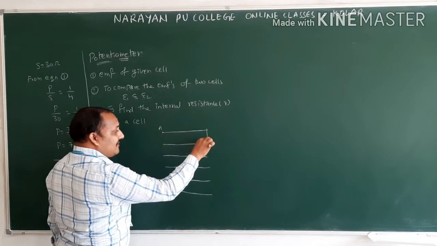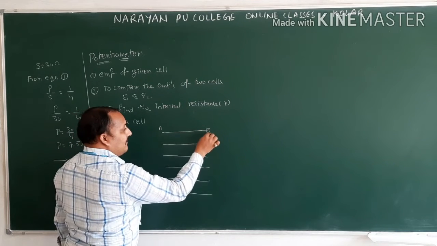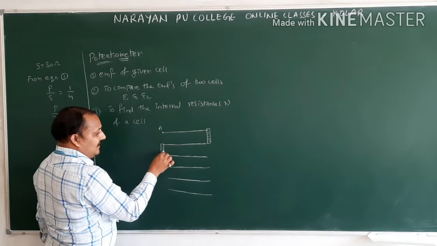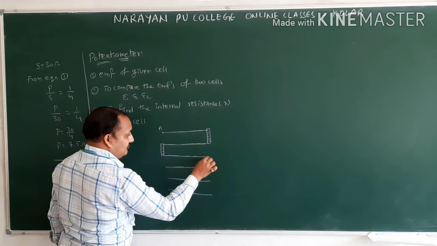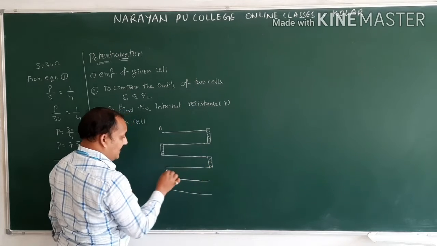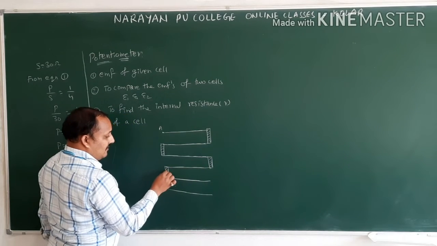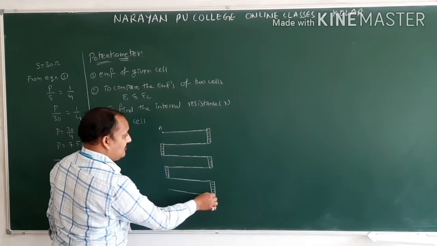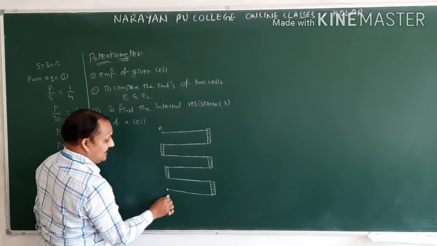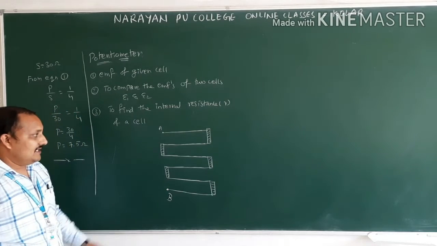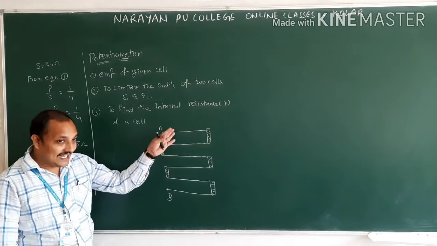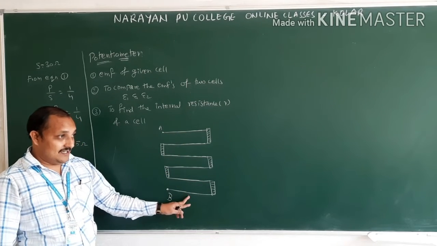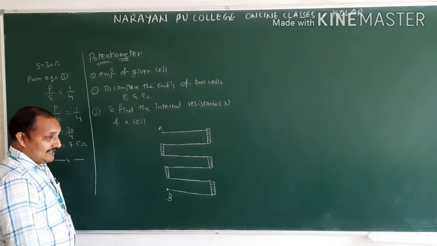So to connect this we are going to use one metal strip, this is another metal strip, another metal strip. Now see, this is nothing but point B. Now what is the length of this potentiometer? 1, 2, 3, 4, 5, 6. 6 into 1, 6 meters or 600 centimeters.